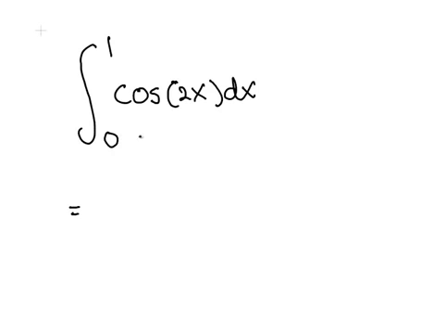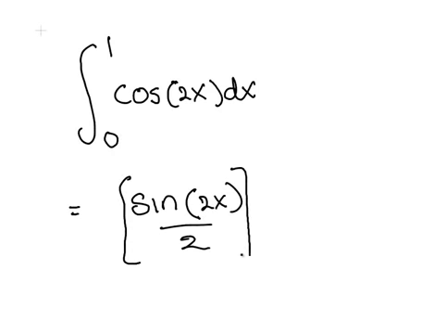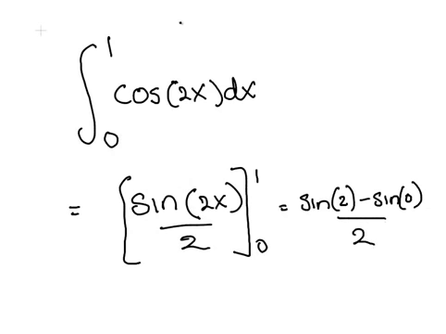The integral is sine of 2x over 2, from 0 to 1. So that is sine of 2 minus sine of 0, over 2. We're going to take that to mean radians, so whatever you get in your calculator.